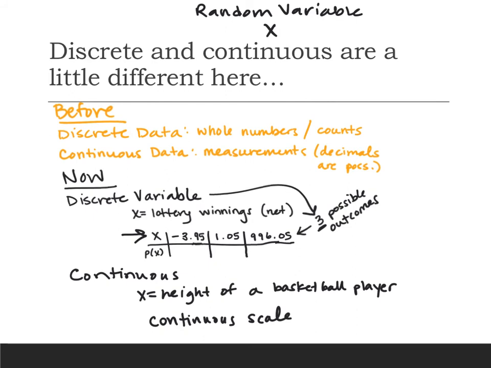So that's our discrete versus continuous. Now, for right now, we're only focusing on discrete in chapter 6. We'll talk about continuous in chapter 7, which will be a different video.